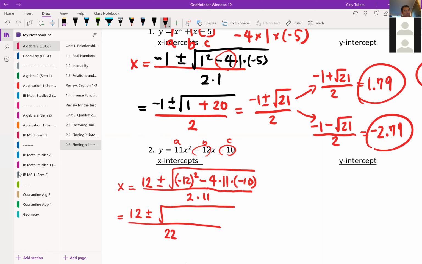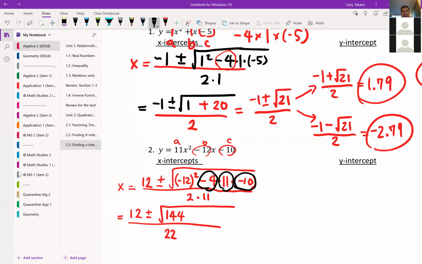-12 squared, what is that? It's 12 times 12, 144. It's a positive 144, because -12 squared means -12 times -12, and that's positive. And then you're going to do -4 times 11 times -10.